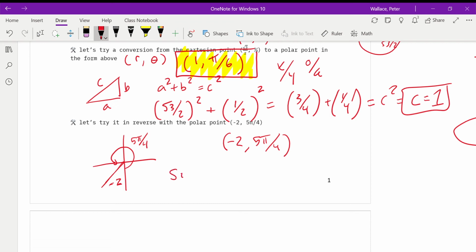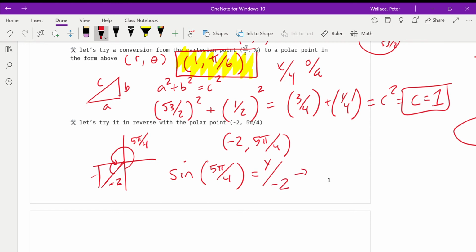So let's say sine of my angle, 5 pi over 4, and sine is our opposite over our hypotenuse, and we don't know our opposite, so that's going to be here our y value, so I'm going to say y over our hypotenuse, which we know is -2.